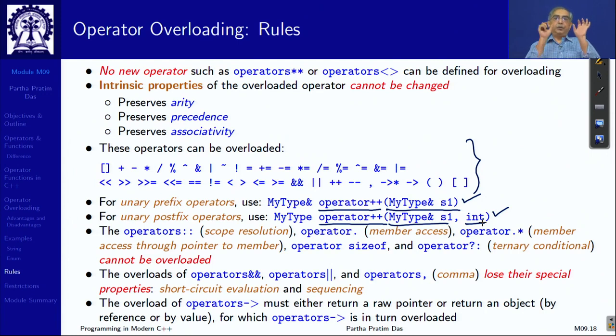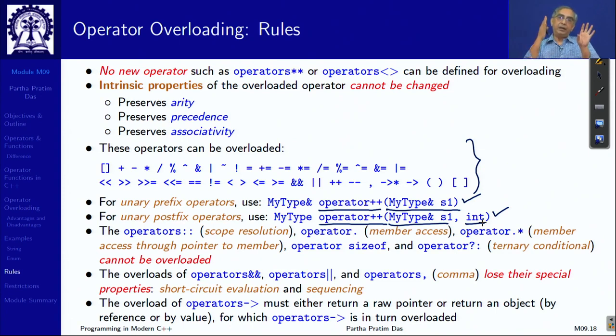What does that mean? Suppose you think about 2 Boolean expressions which you are ANDing. Now, if you are trying to AND, then it does a shortcut evaluation. That is, if the first operand is false, you do not need to evaluate the second operand, because if the first operand is false, then it does not matter whether the second operand is true or false, the entire expression is false.